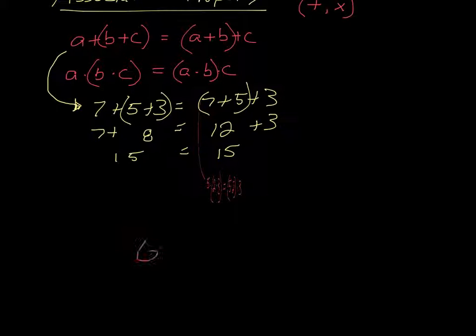Bring down my 5. 5 times 6 equals, good job, 30. Now moving over here, I have 5 times 2 is what? 10. 10 times 3 equals what? 30. Good job. So ladies and gentlemen, this is an example of the associative property. It doesn't matter in which way you associate the numbers. The answer is still going to come out the same.